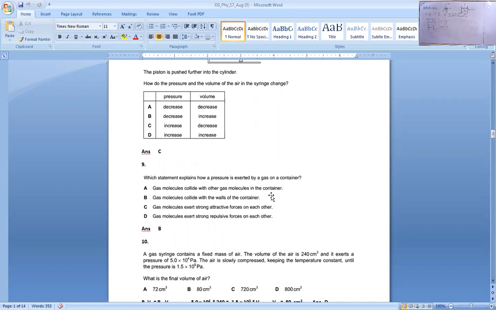And due to that collision, they exert a force. So that force per unit area exerts the pressure. So he says the gas molecules collide with other gas molecules, we have no concern with it. Gas molecules collide with the walls of the container. That is our answer. The B is your option.